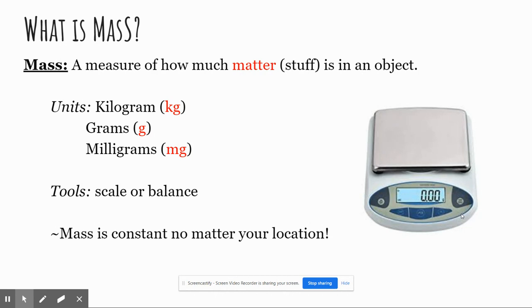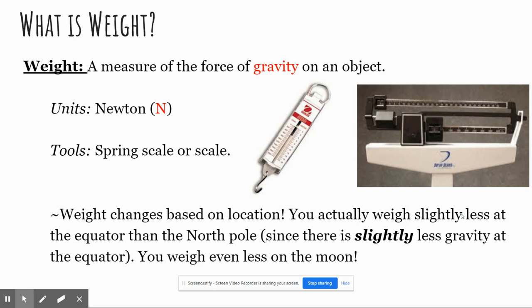The reason that that is important is because it is not true for weight, okay? So when we talk about weight, we usually kind of use it interchangeably with the word mass, even though it's actually a totally different thing. So weight is actually a measure of the force of gravity on an object, okay? So it's basically telling you how much gravity is affecting that object, kind of pulling on it.